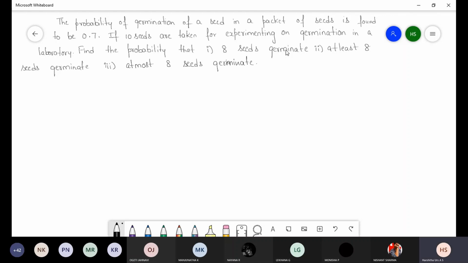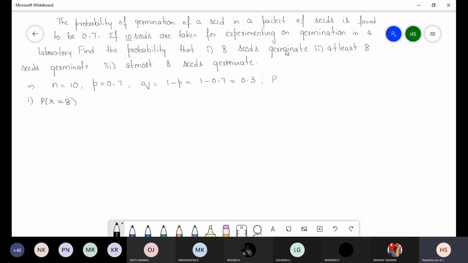So here also, the seed number they have given, n is equal to 10, then p is equal to 0.7. What is the q value? 1 minus p. So 1 minus 0.7 is equal to 0.3. So directly we can come to the first sub question, that is 8 seeds germinate. P of x is equal to 8.